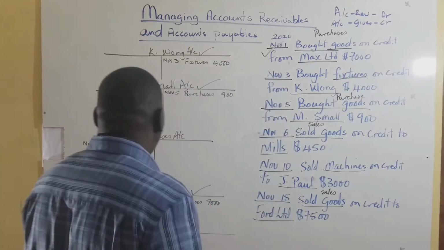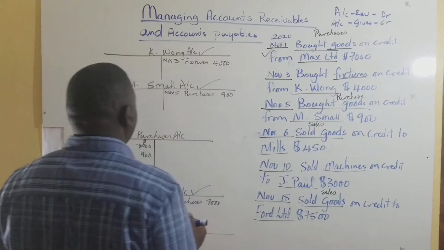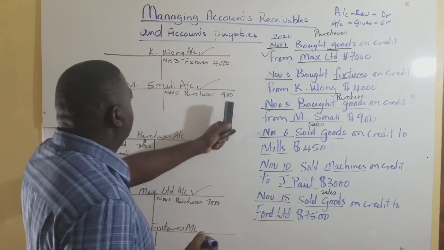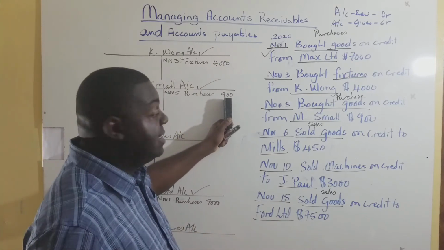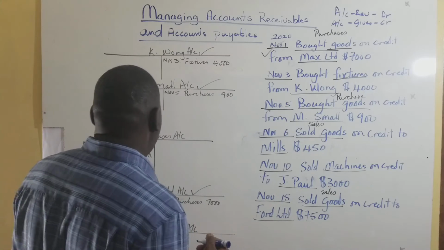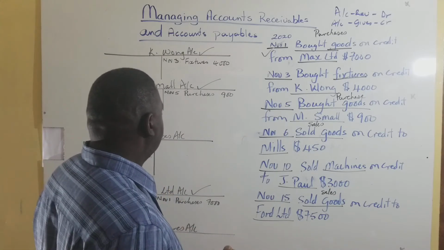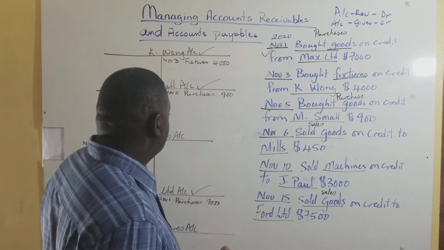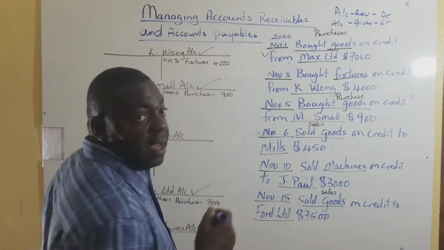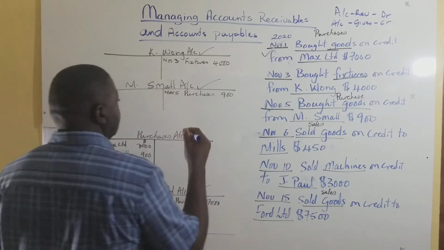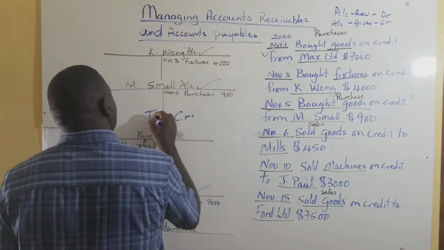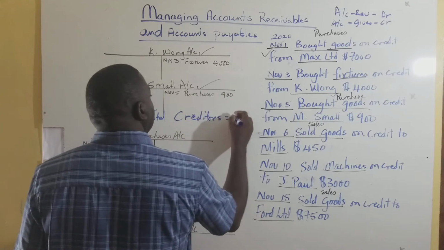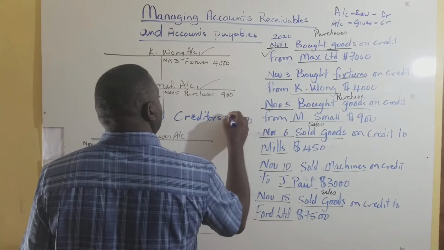And what would have been the total value of the creditors? It will be 4,000 plus 900, that is 4,900. 4,900 plus the 7,000, which is 11,900. So the total value of our creditors would have been $11,900. That is what we would have owed.